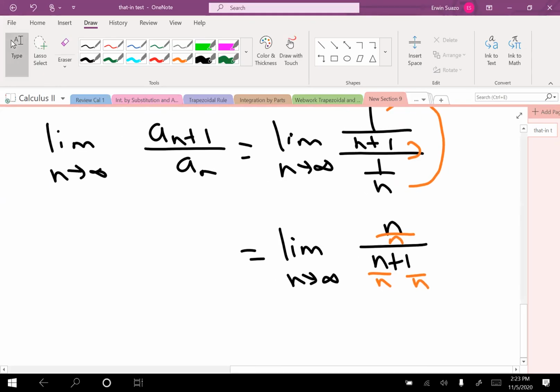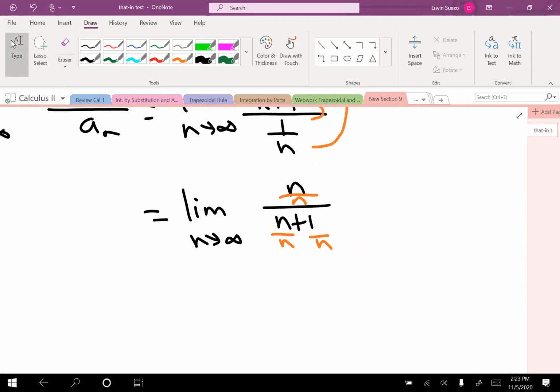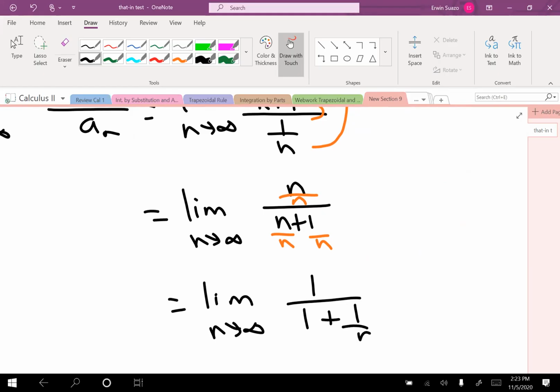Then we get the limit as n goes to infinity of 1 over 1 plus 1 over n. So what is this limit? Is it 0? No. 1.